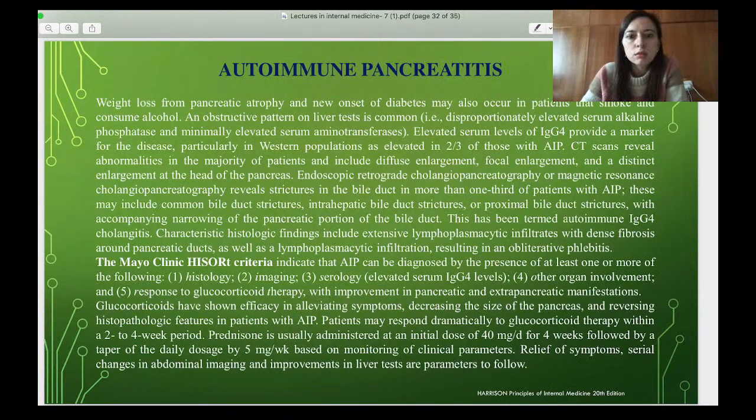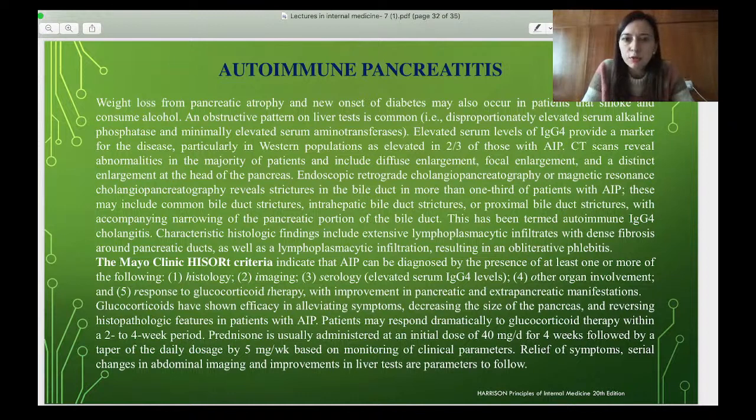And yes, some short information about what autoimmune pancreatitis is. Weight loss from pancreatic atrophy and new onset of diabetes may also occur in patients that smoke and consume alcohol.